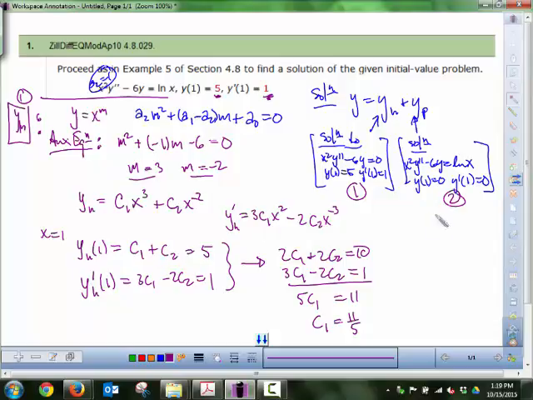Put that into any of the equations: C1 plus C2 is equal to 5. We got 11 over 5 plus C2 is equal to 5. And so C2 is, let's see, 25 minus 11 over 5, which is 14 over 5.